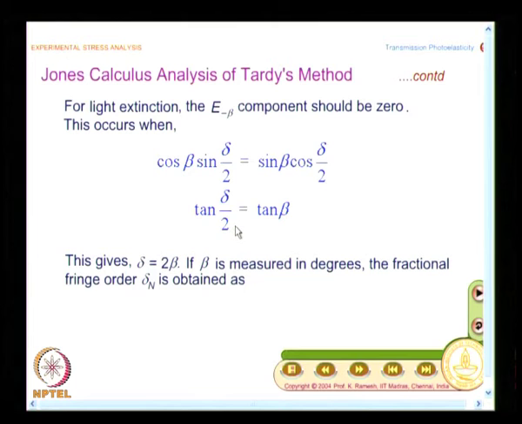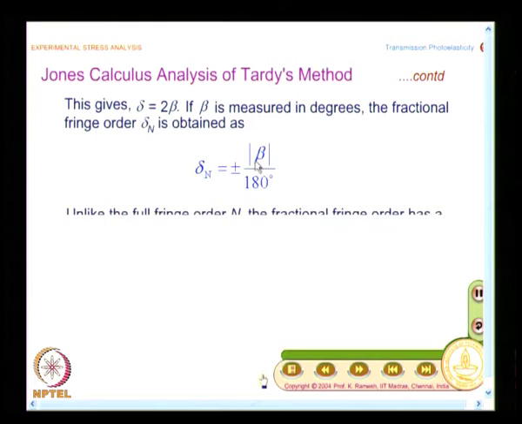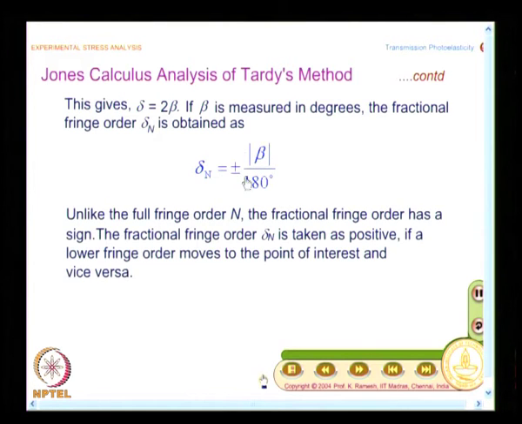And though in all your expressions this can be in radians, when you physically measure, you measure beta in degrees, and I can express fractional fringe order simply as beta by 180 degrees.